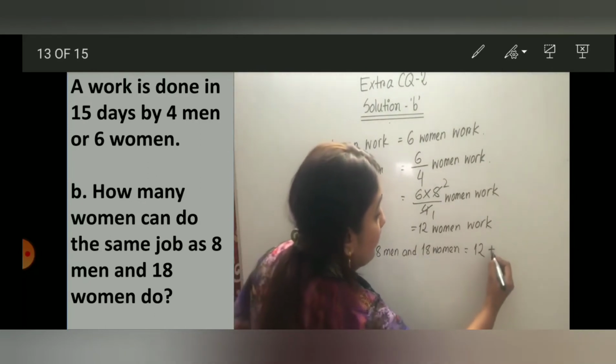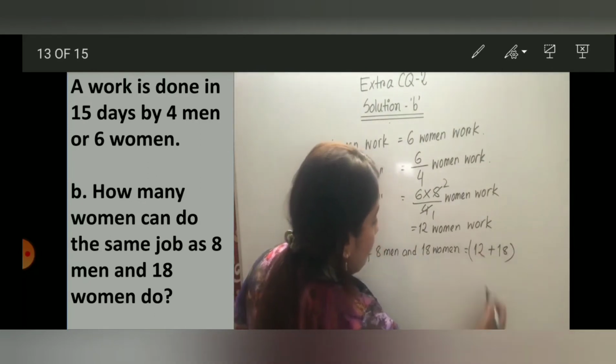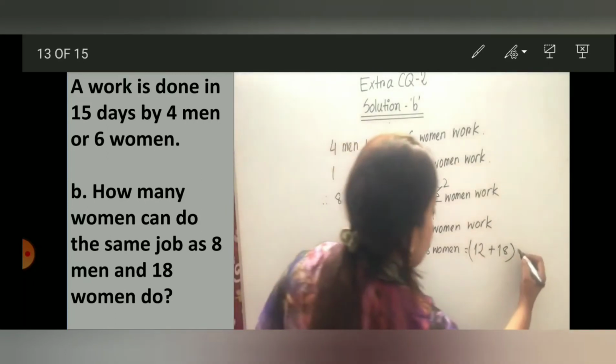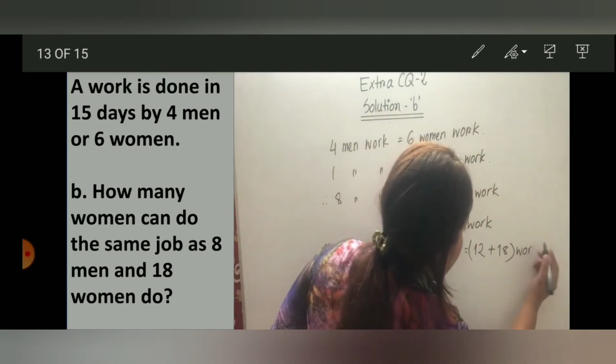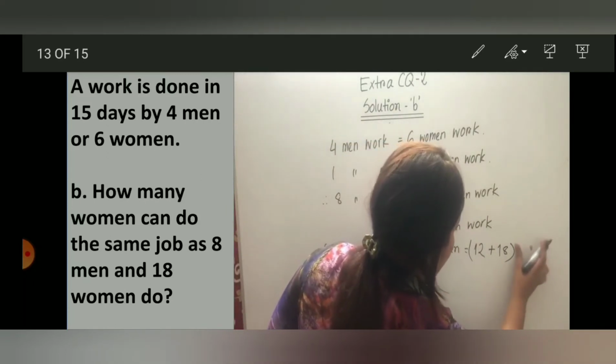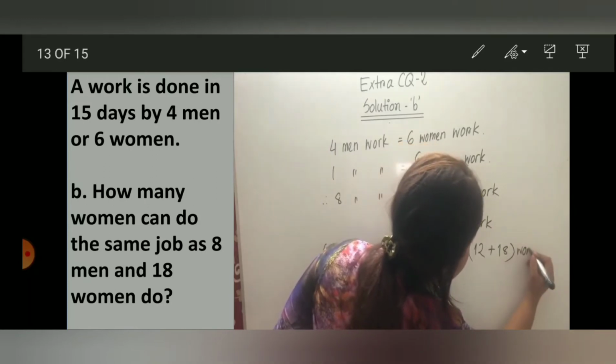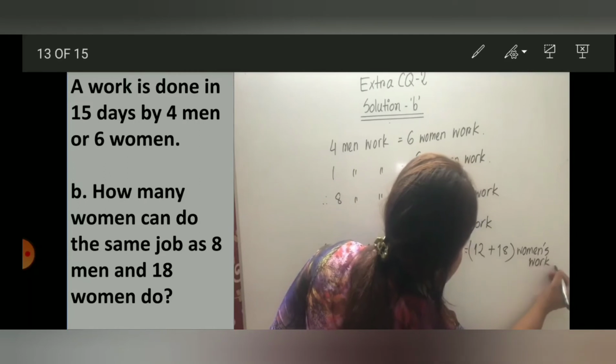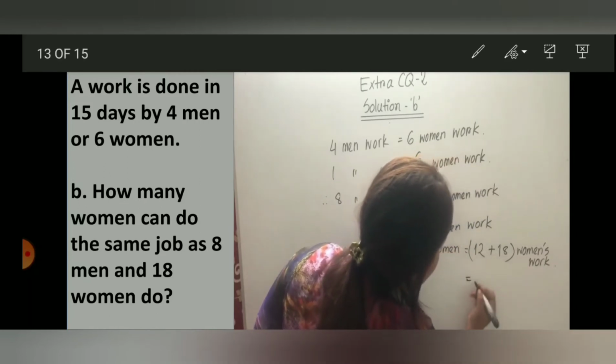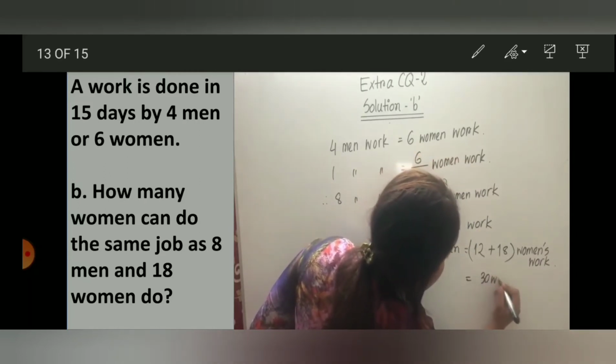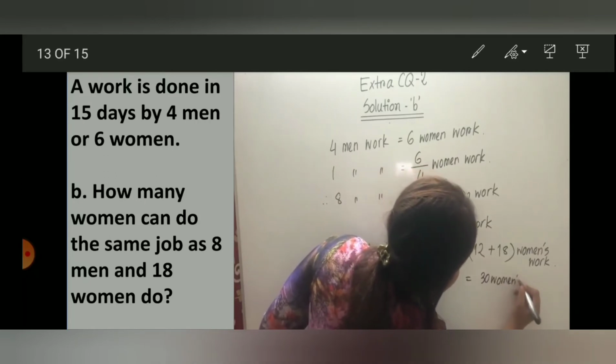And here there is 18. So this is 18 plus 12 women's work. So if we add this value, it is 30 women's work.